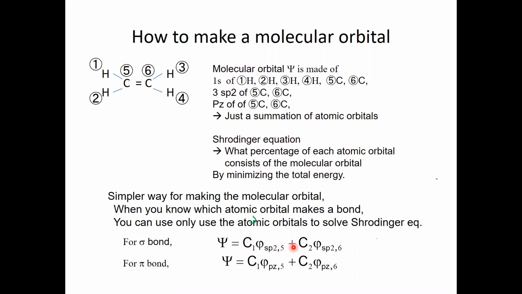And you can make C1 and C2 the unknown coefficients. For pi bonds, you can make a pz orbital of the fifth carbon and a pz orbital of the sixth carbon, but the coefficients are unknown.